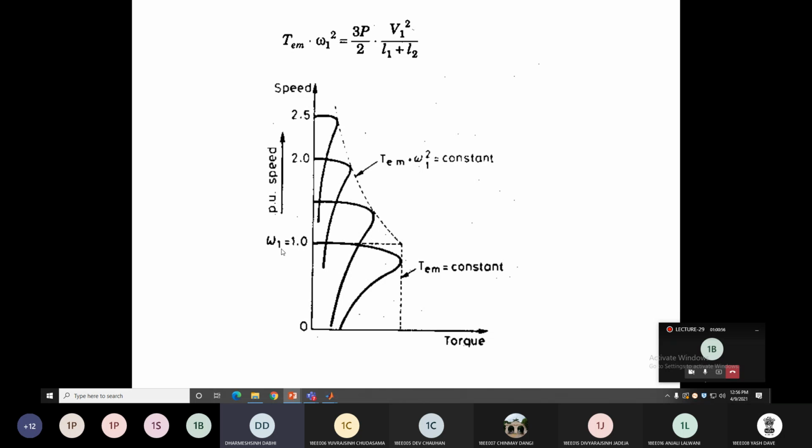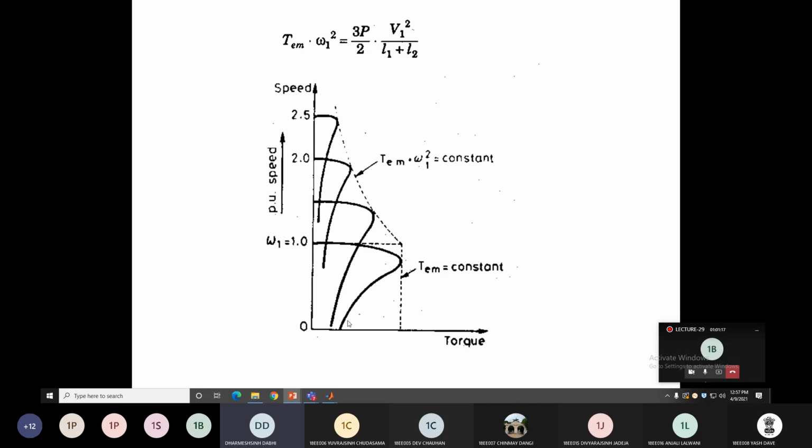So here omega 1 is equal to 1. It means at the normal frequency, at the normal rated speed, the motor gives the normal torque speed characteristic, this one. This is the speed torque characteristic without changing the frequency. It means now the frequency is 50 Hz.